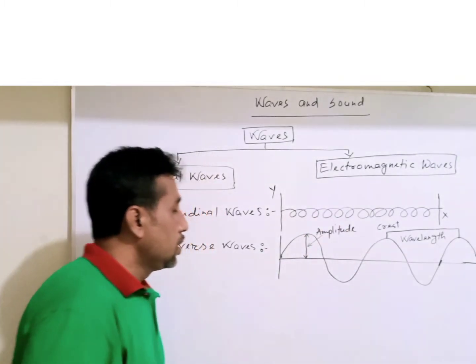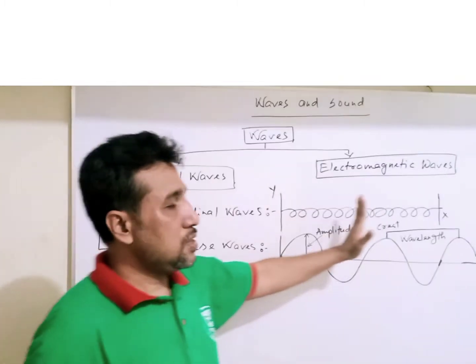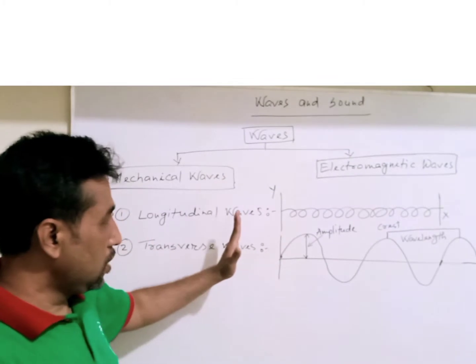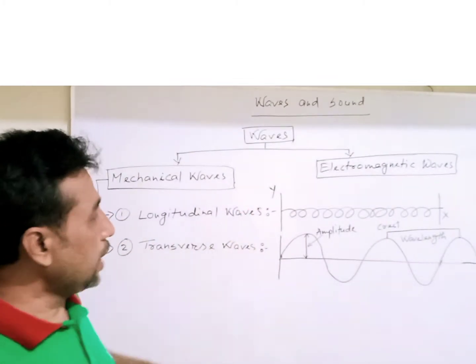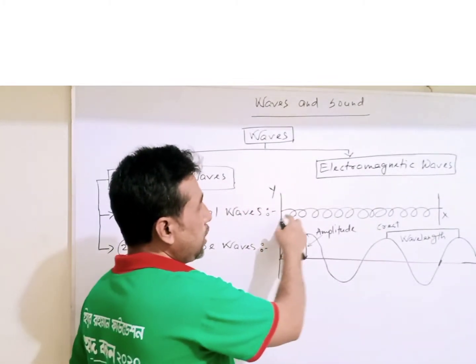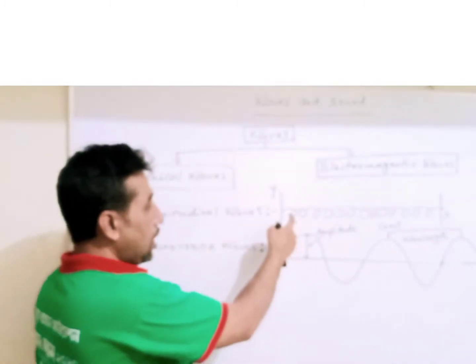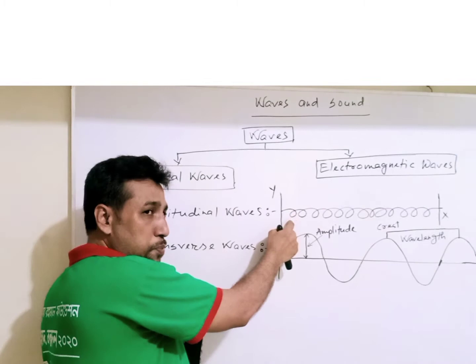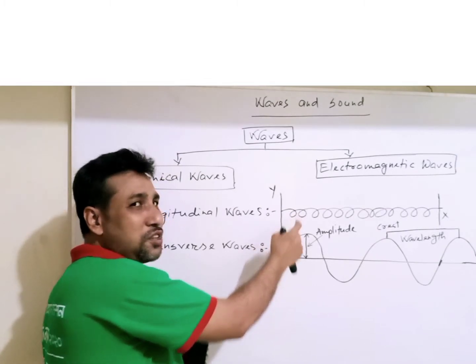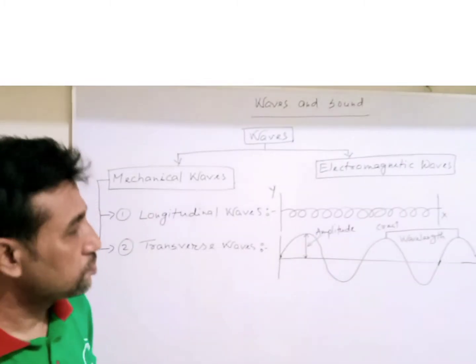If you compress it and expand it, then energy will transfer from one end to another end. But the particles, I mean the medium, the spring, won't change their position permanently.